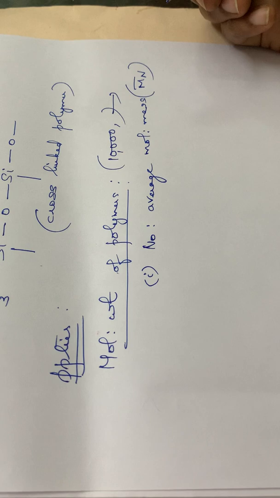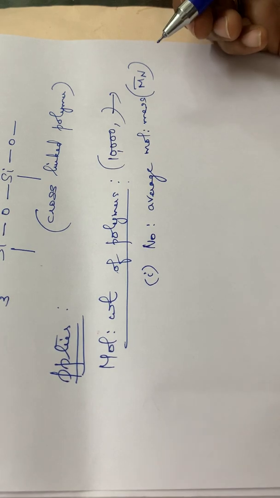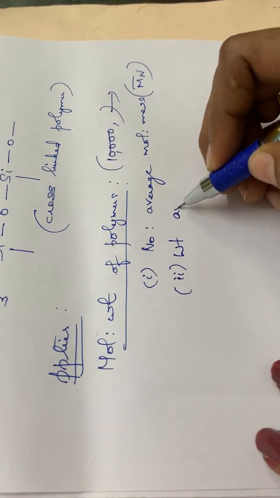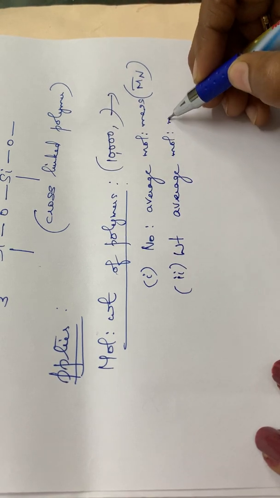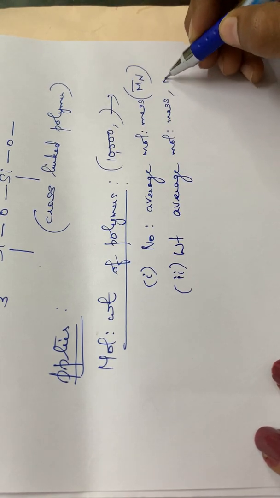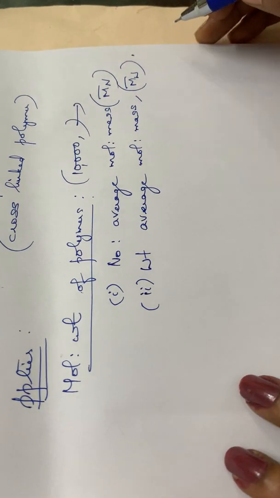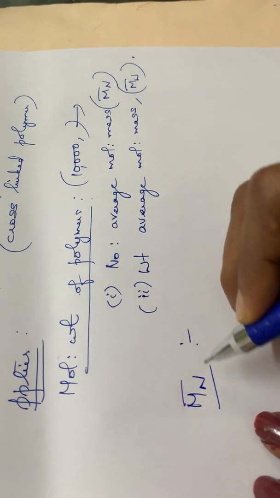I don't know whether somebody taught you this portion. Number average molecular mass, and the second one, that is the weight average molecular mass, denoted by M bar W. Okay, number average and weight average molecular mass. So first of all, we can go through this number average molecular mass.